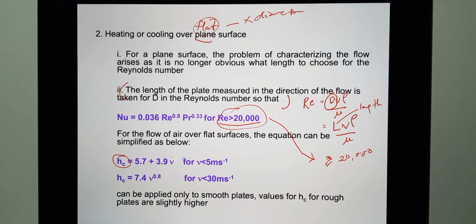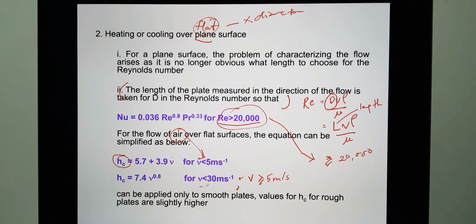V is the velocity of air, if the velocity is less than 5 meter per second. But if the velocity is greater than or equal to 5 meter per second, but less than 30 meter per second, then you need to use this equation: HC equals 7.4 times V to the power of 0.8.